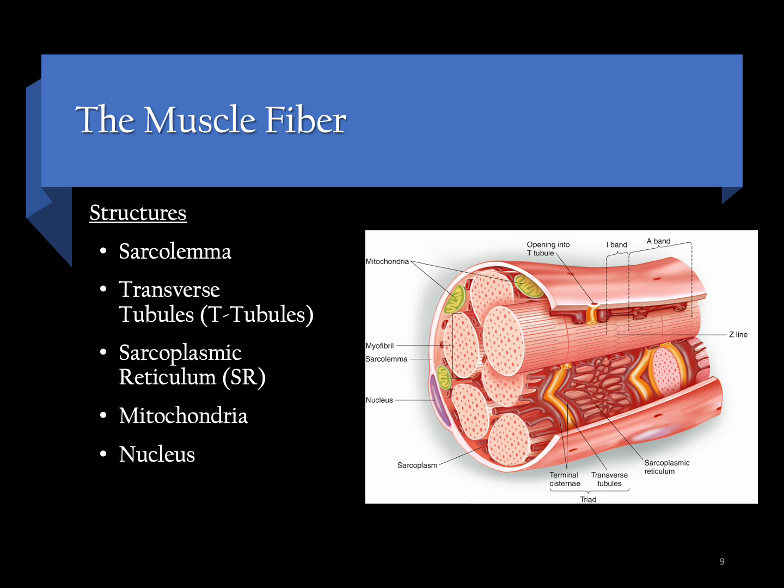Lastly, on this slide, we have the mitochondria, which we know as the powerhouse of ATP, illustrated here in green. And of course, the nucleus, because every cell must have a nucleus to hold the DNA.